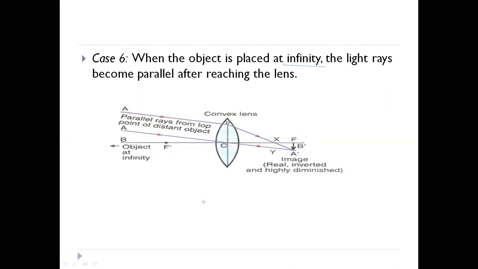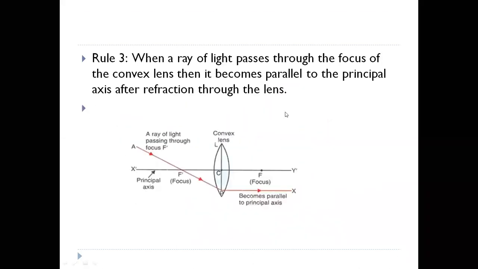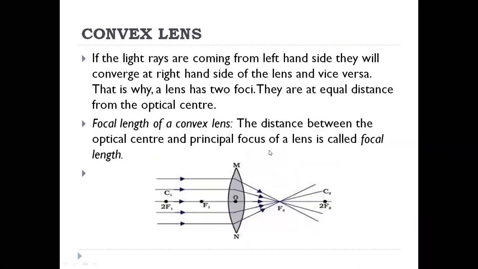This diagram can be drawn like the first one which we did. This is also the diagram for when the object is at infinity, and this is the focus. Again, in the infinity case, the object rays are parallel and the image forms at the focus.